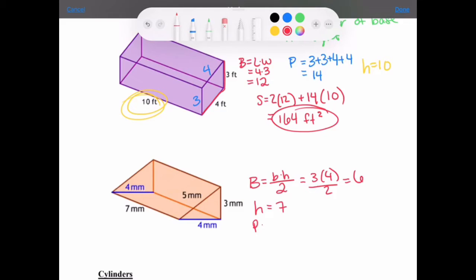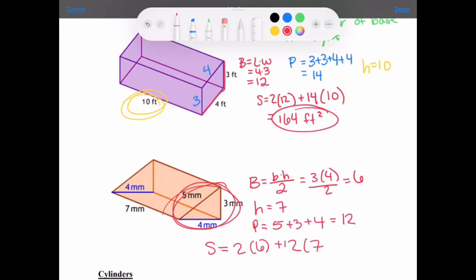Our perimeter is the sum of all of these sides, so 5 plus 3 plus 4, and we get 12. We plug it into the formula, we get surface area equals 2 times 6 plus 12 times 7, and we get 96 millimeters squared. All right, that's it for prisms.